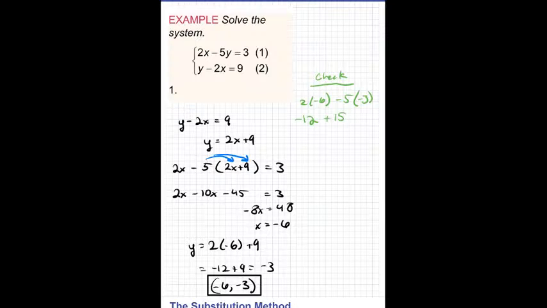And then for the next one, we're going to say negative 3 minus 2 times negative 6. That's going to be equal to negative 3 plus 12, which is 9, which is the desired result we're looking for there as well. Okay? So this negative 6, negative 3 worked in both.